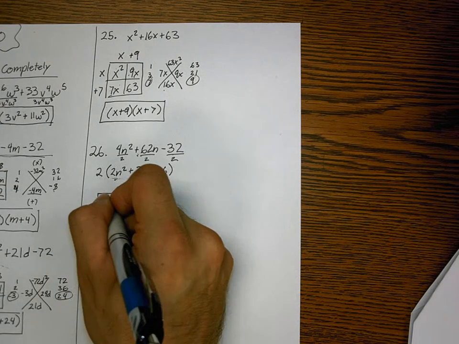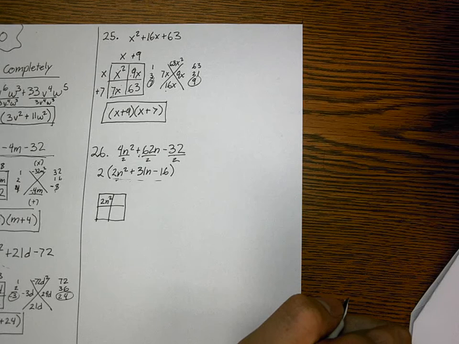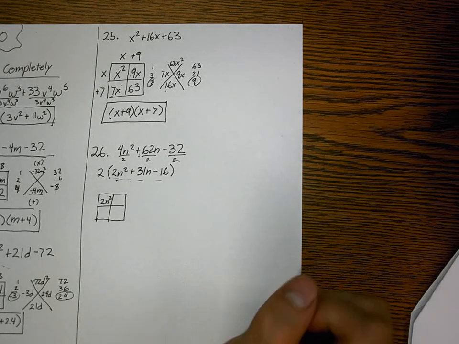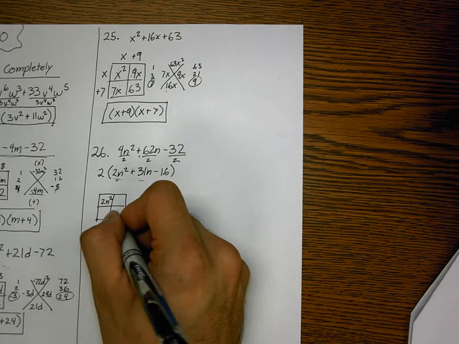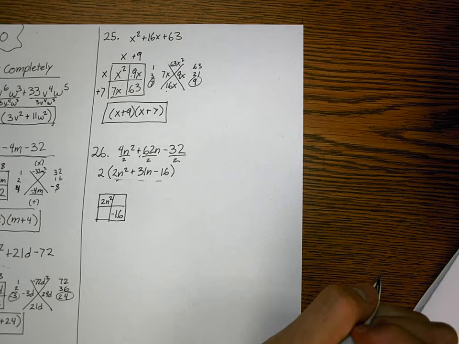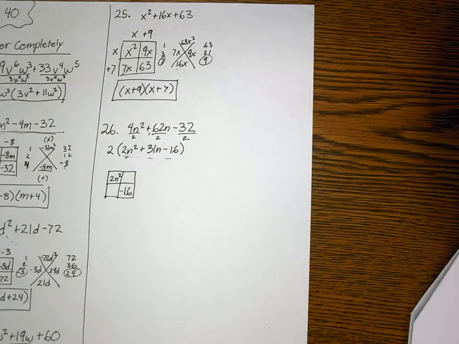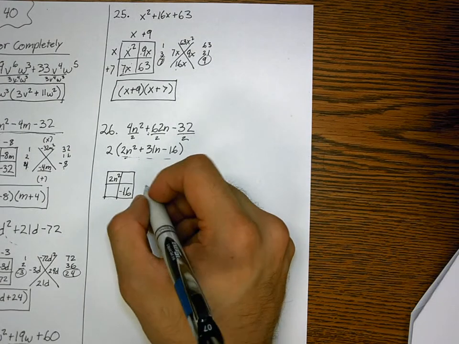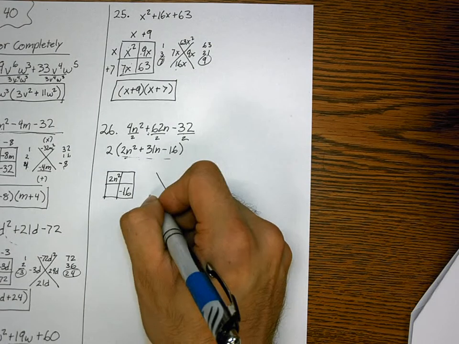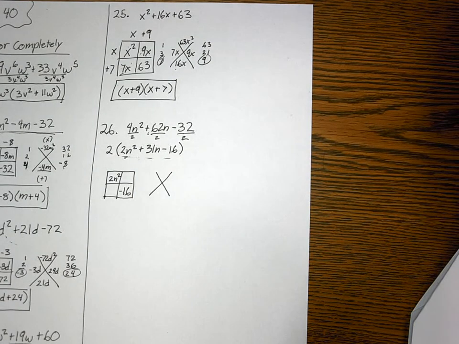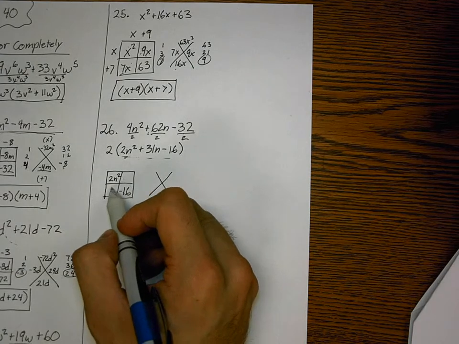The 2n squared would go in one of my areas in my area model. Then we have the negative 16, because of that minus. And then we check to see how we split up that 31n.